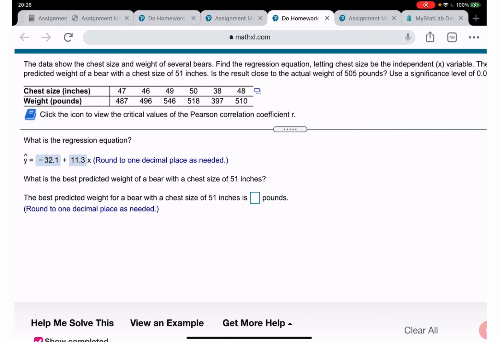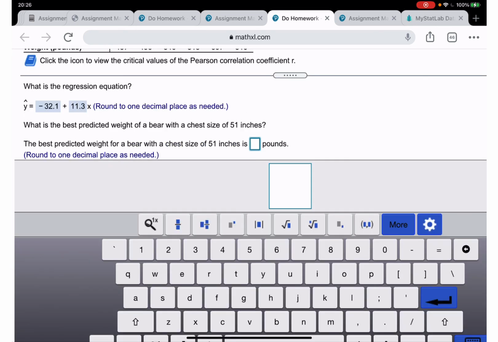Let's calculate this time the same way. 51 times 11.3 equals 576.3, and minus 32.1. One more time. 11.3 times 51 is 576, minus 32.1. Yes, the same answer, 544.2.